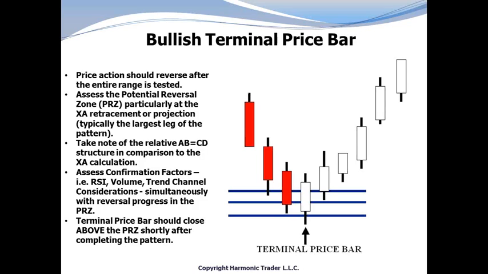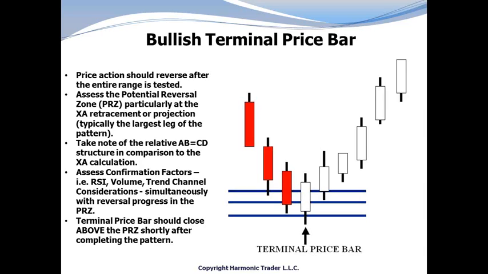In this illustration, we look at the price action after it hits the entire zone of a pattern. Price action should reverse after the entire range is tested. We must assess the potential reversal zone, particularly at the XA retracement or projection. That is typically the largest leg of the pattern.